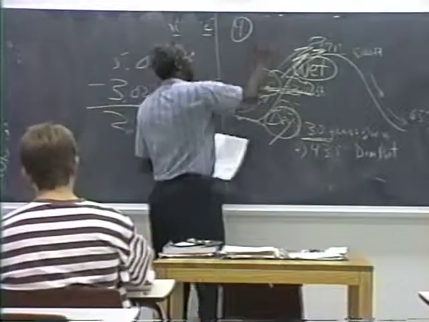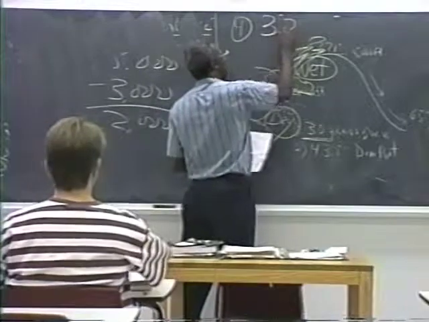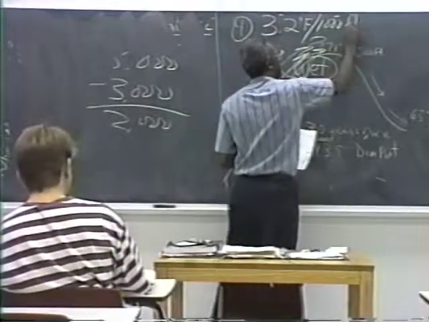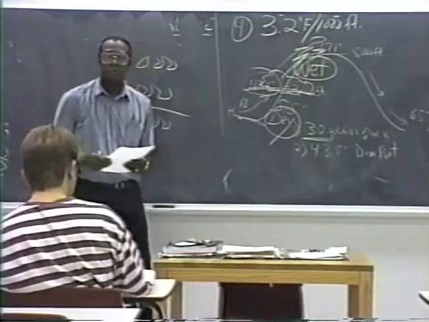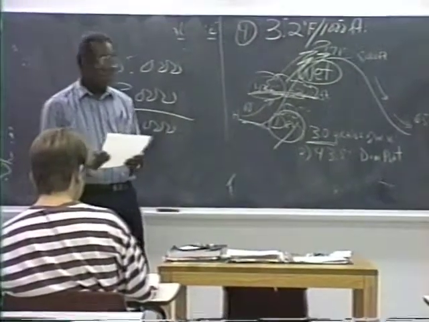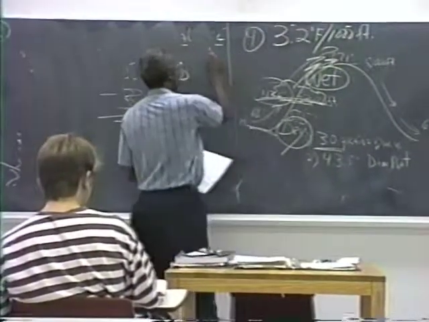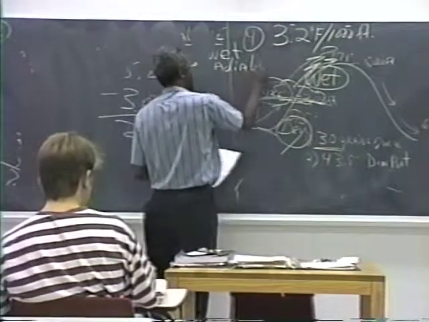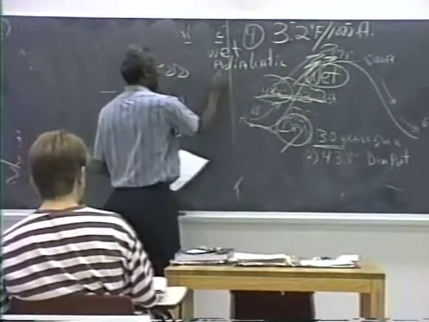Specifically, that rate is 3.2 degrees Fahrenheit per 1,000 feet. 3.2 degrees Fahrenheit per 1,000 feet is the wet adiabatic rate.